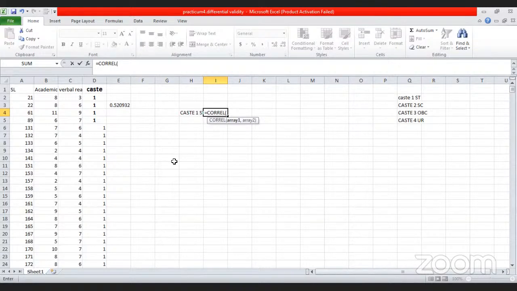Now I have to select all the 1. Because I am trying to find out the correlation coefficient for caste 1, that is ST. So I will select only the 1.